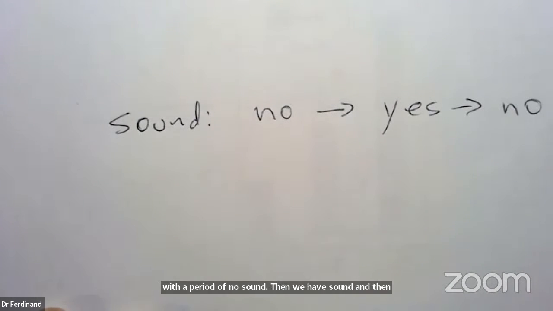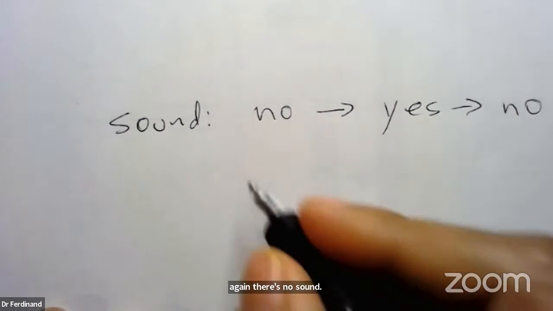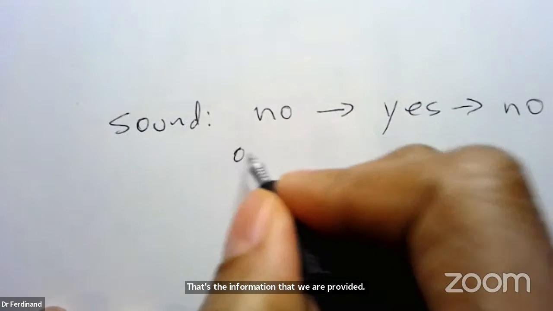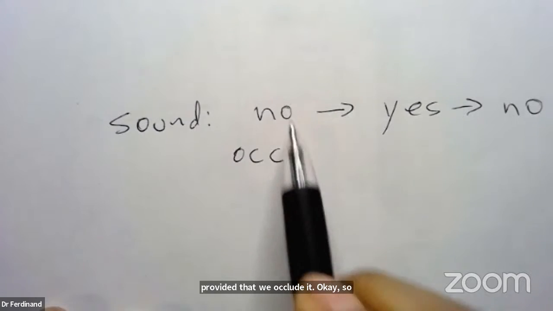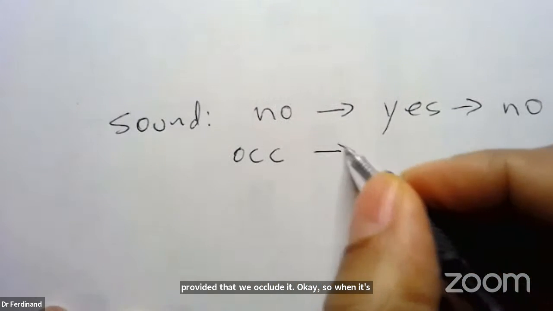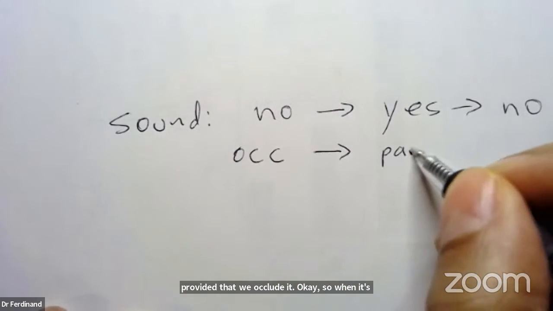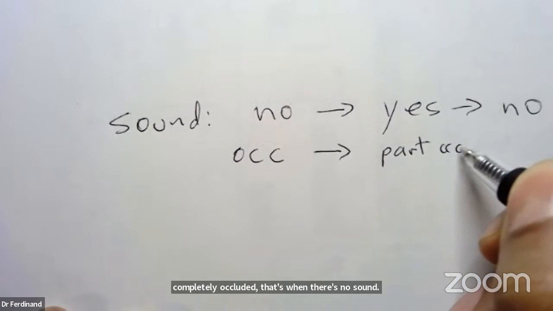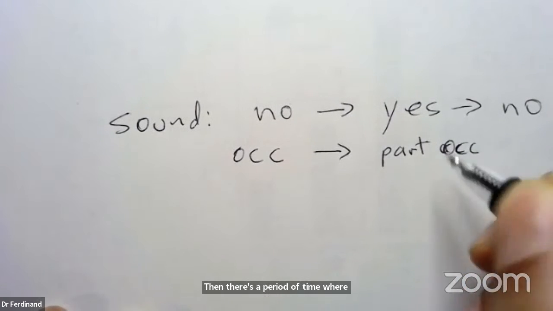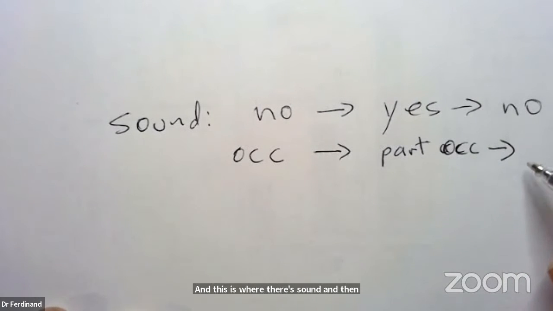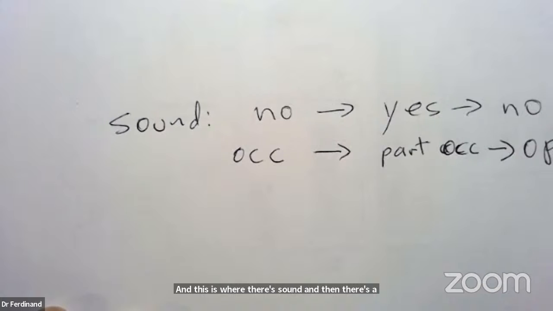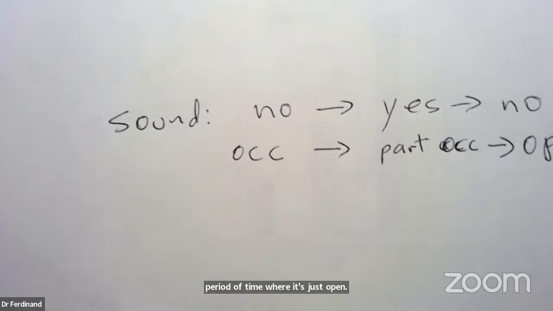That's the information that we are provided. We're provided that we occlude it. Okay, so when it's completely occluded, that's when there's no sound. Then there's a period of time where there's a partial occlusion, and this is where there's sound. And then there's a period of time where it's just open and there's no sound at all.